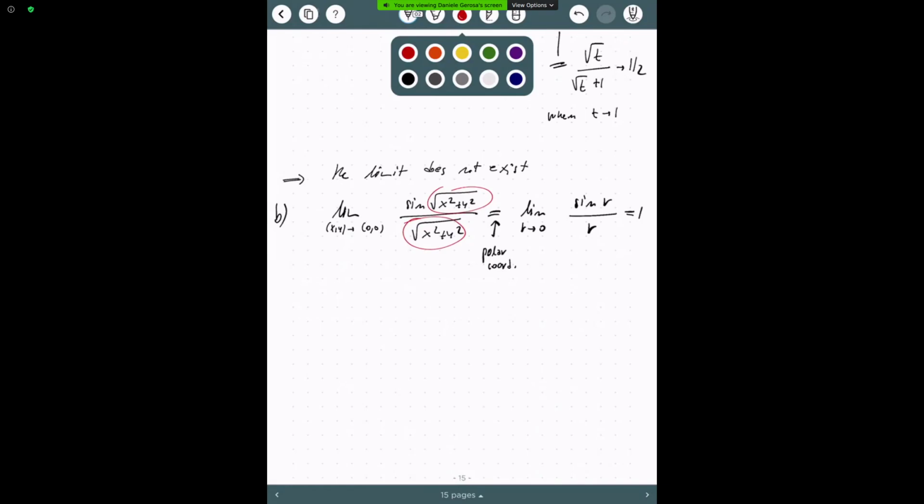I have solved exercise number 2, I remember, and exercises number 3, 4, and 5 are easy, so I'm not gonna do them. It's about computing domains and sketching graphs of level curves and things like that.